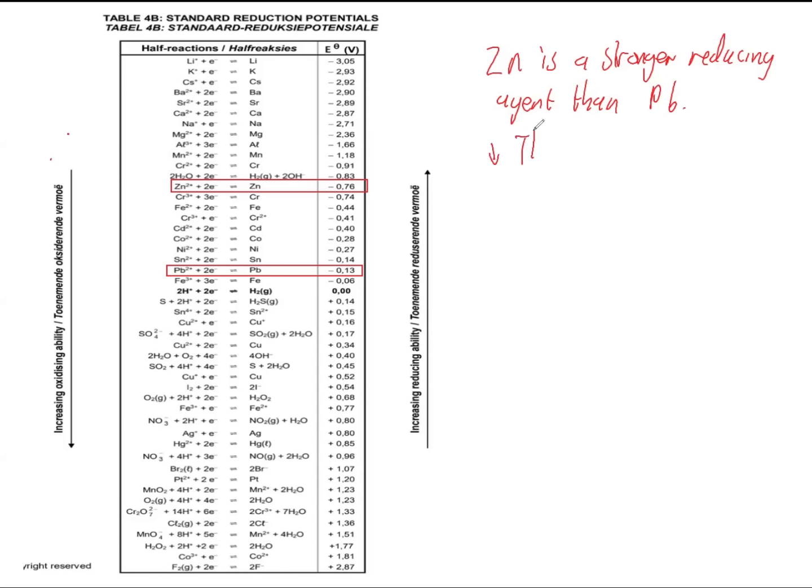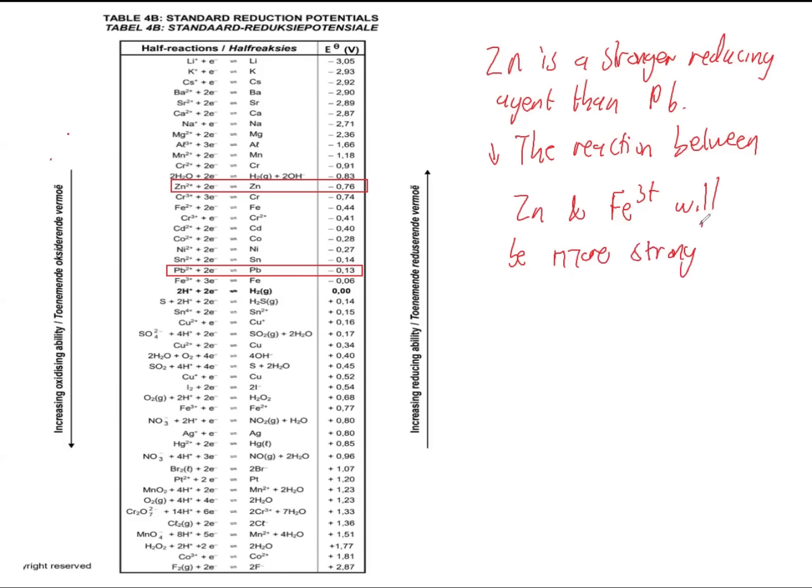So that means the reaction between zinc and Fe3+ will be more strongly favored as it releases more energy per unit charge.